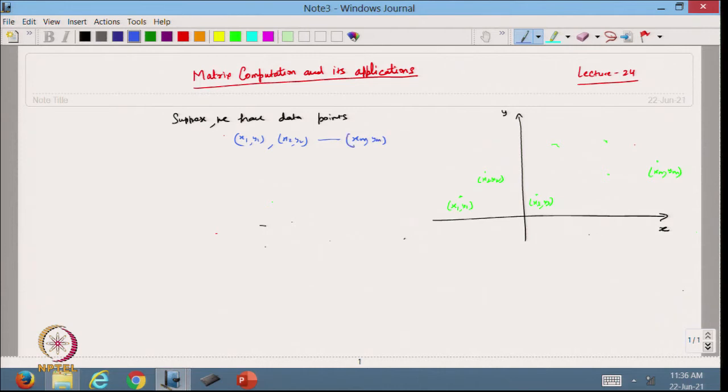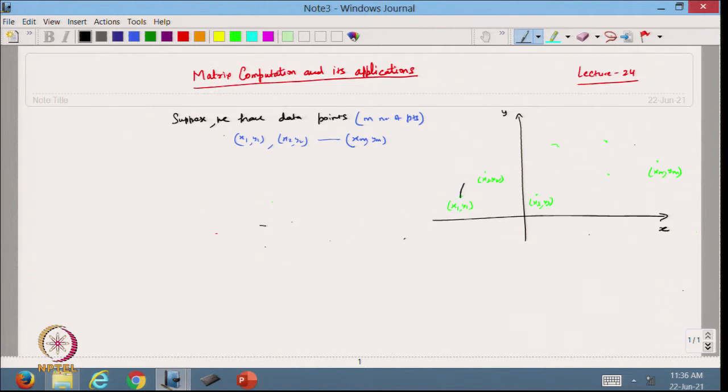So, m number of points are there. These data points are given to us, and now suppose I just want to interpolate these points with a polynomial. So, what I do is I take a polynomial passing through these points.